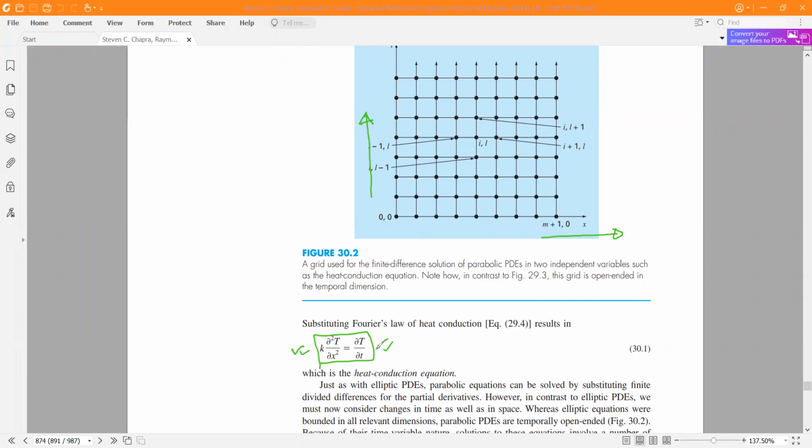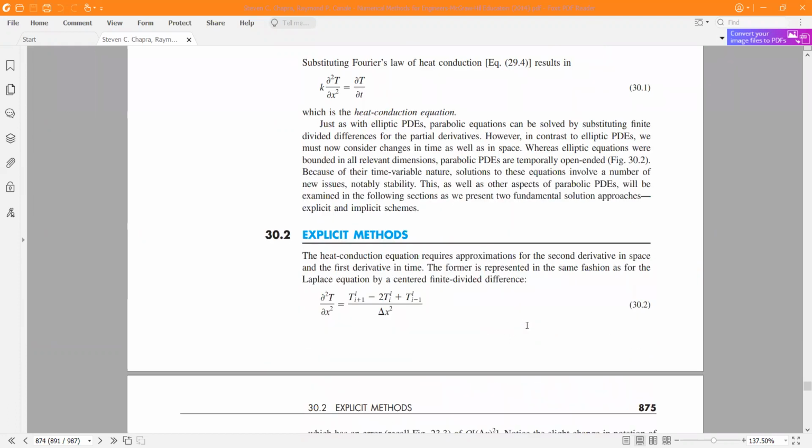Then, in order to approximate the time derivative, we have to keep our space fixed. Then we have to approximate the time derivative for two time instants. If this is done, then your equation will take this shape.